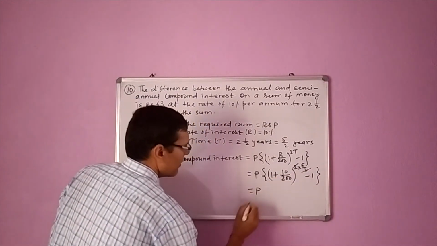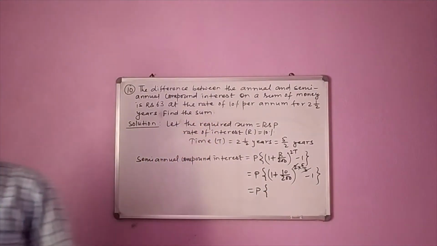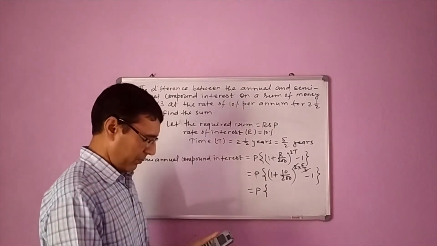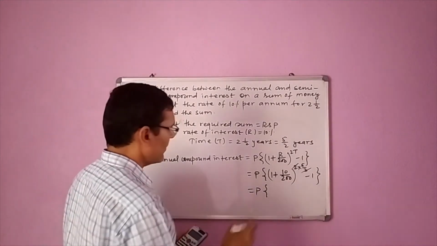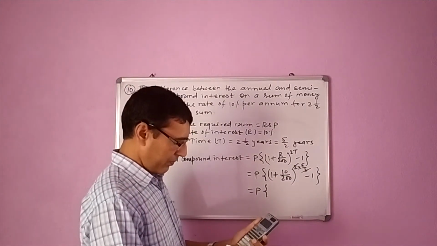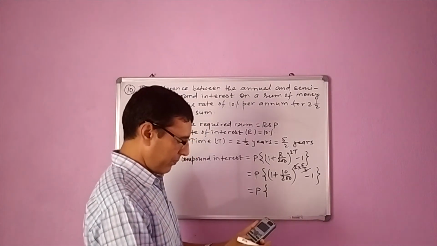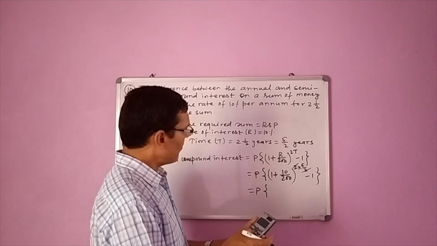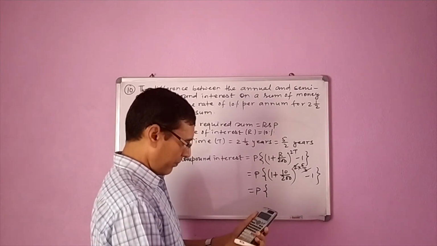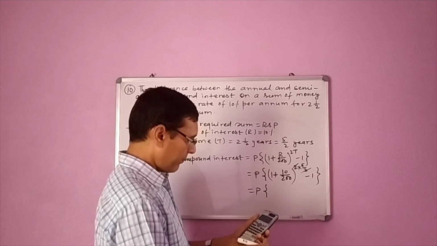So it is P times (10 divided by 200 plus 1) to the power 5 minus 1.